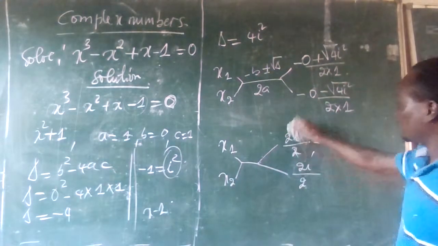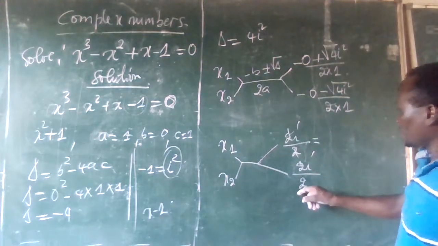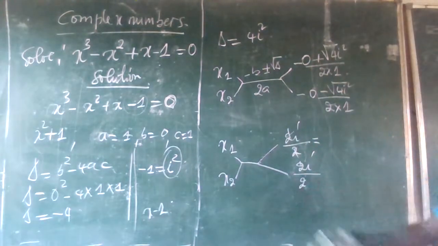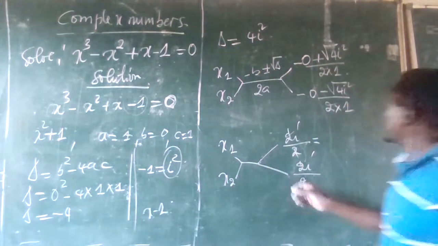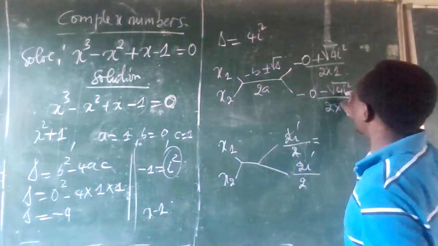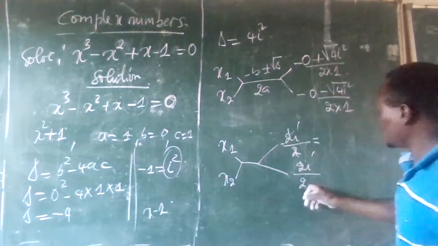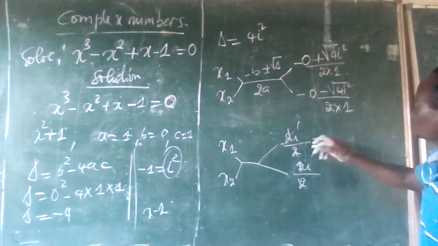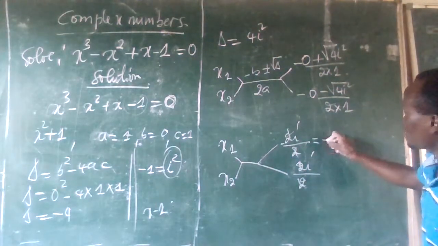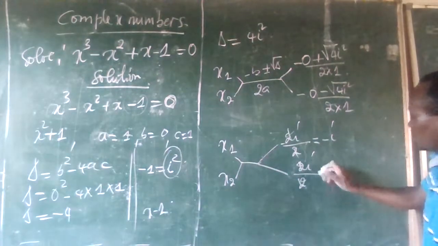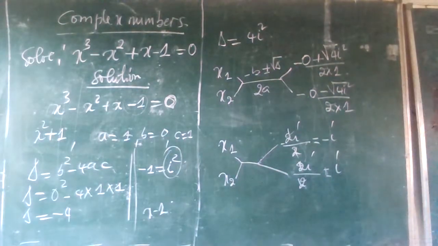Then by simplifying here, please finalize the question. That is your task. As here we have minus and here minus, this will remain with minus i, and here it is equal to i.